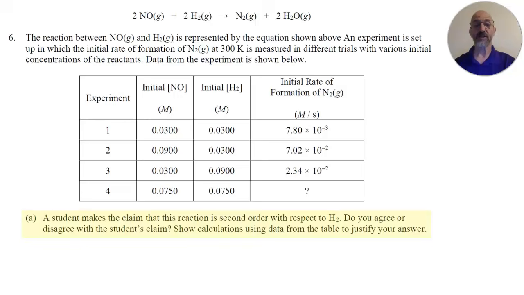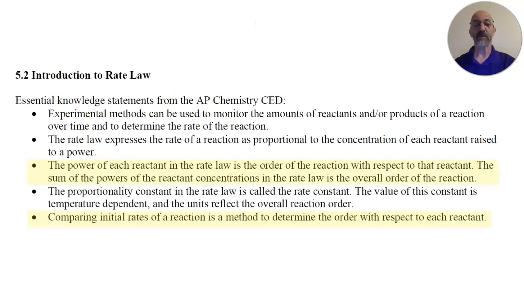So what we're going to do to determine the order with respect to hydrogen is something that was mentioned in a couple of the essential knowledge statements from the AP Chemistry course and exam description for topic 5.2, Introduction to Rate Law. So again, to determine the order with respect to a particular reactant, it says comparing initial rates of a reaction is a method to determine the order with respect to each reactant.